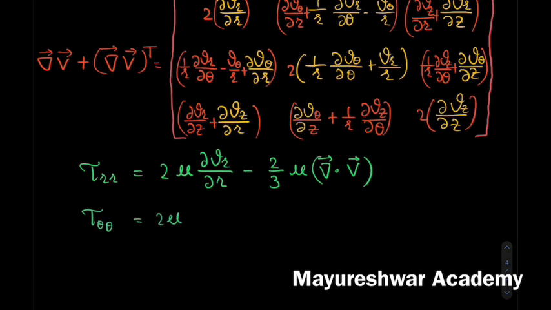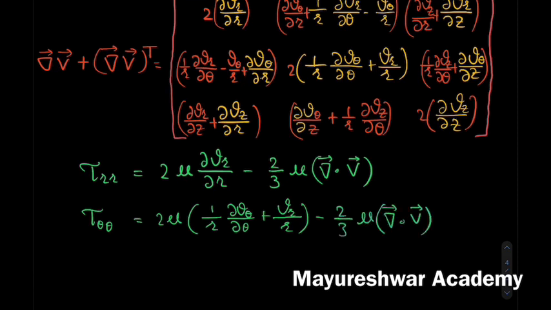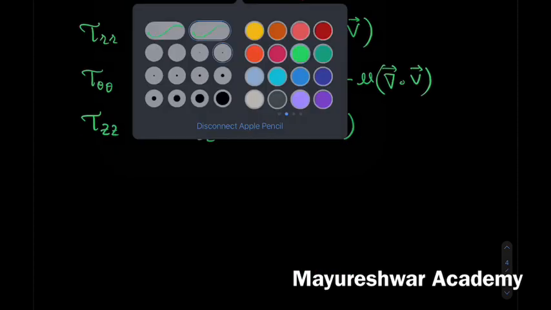Tau theta theta will be the second term, so 2 mu times the second row and second column entry, minus 2/3 of mu times divergence of velocity. Similarly, the third normal stress term will be 2 mu times dvz over dz minus 2/3 of mu times divergence of velocity. So that completes all our normal stress terms.